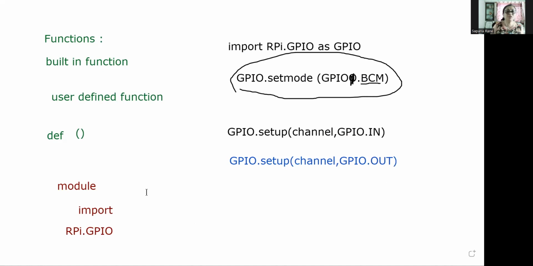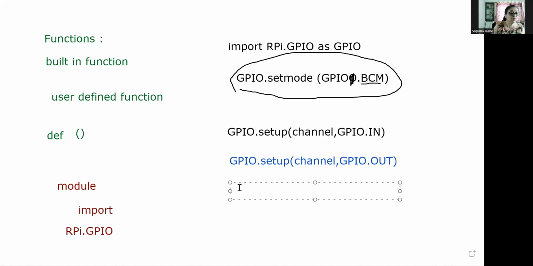Okay. Suppose you want to read a value from your input channel, then how do you have to read it? Suppose some pin I have defined as the input pin, and I want to read the value from this input pin. Then what do I have to do?